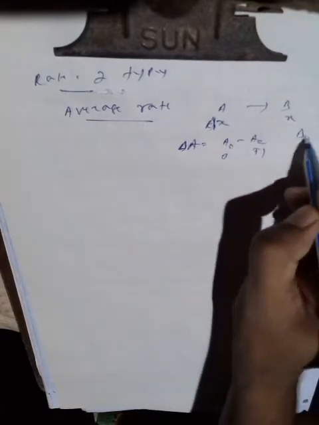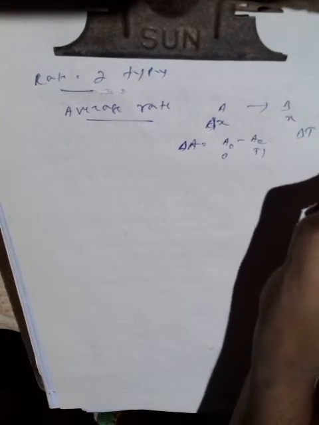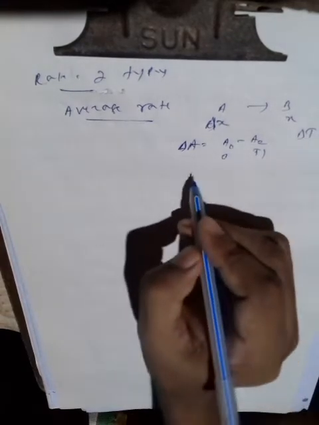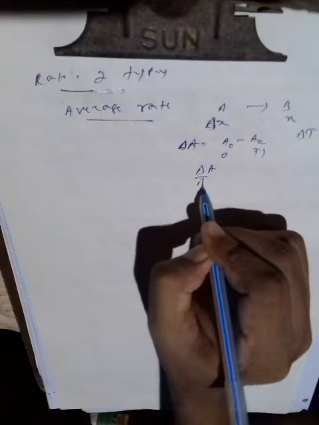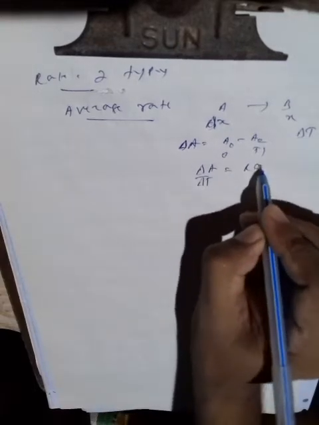So delta t is t1 minus 0. The rate expression will be delta A by delta t. This is the rate expression.